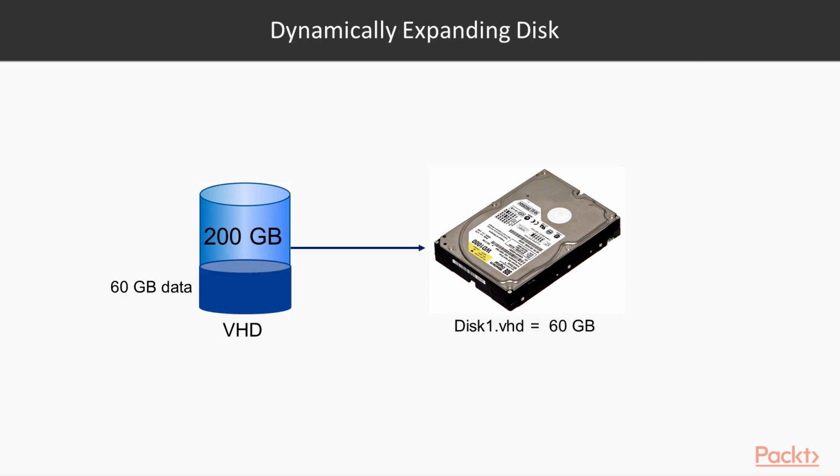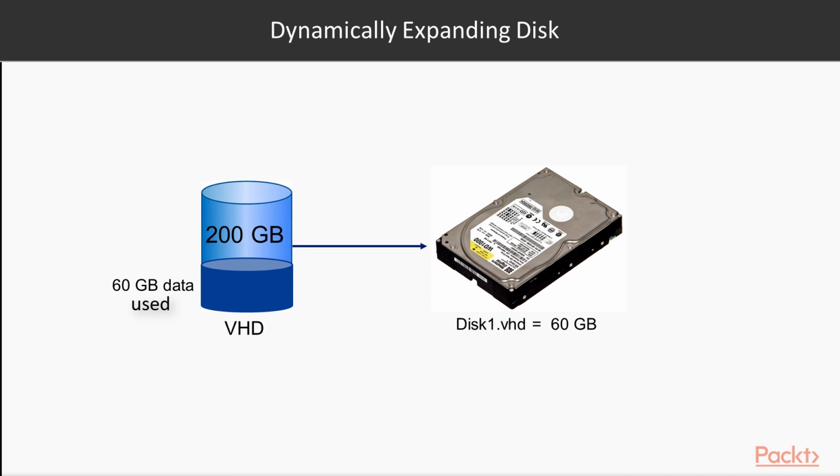Dynamically expanding disks consume only the space required by the data within the disk. A new disk with no data consumes 4 megabytes, and as data is added to the disk, it dynamically expands the size of the file on demand.